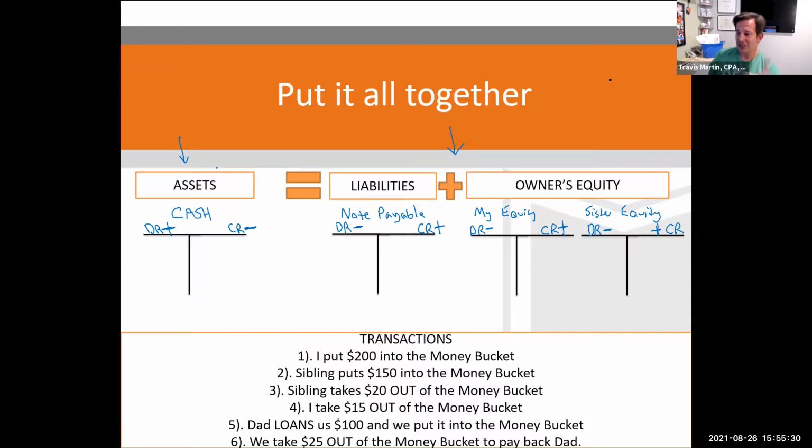So transaction number 1, we come along, we put $200 into the money bucket. So I need a debit and I need a credit. So what am I going to do here? What would my debit be? Everybody got shy on me all of a sudden.